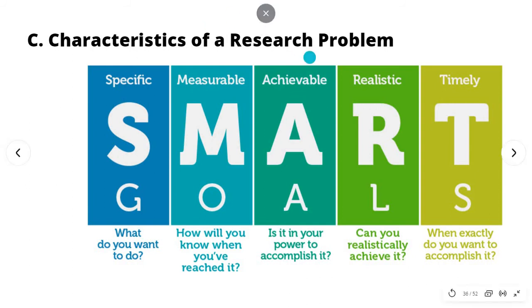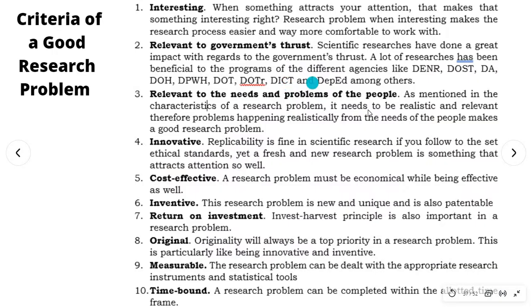Achievable also, kay sa other nga mga books, attainable. Next, there are still other beautiful words to describe a good research problem, and you can read this in the module or the reading activity that I gave you. Mostly na-encounter na nato siya and pretty self-explanatory na siya.